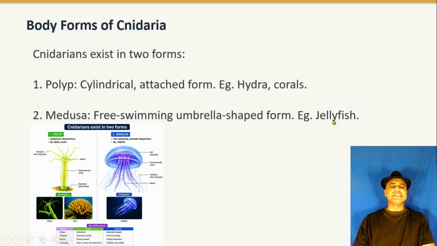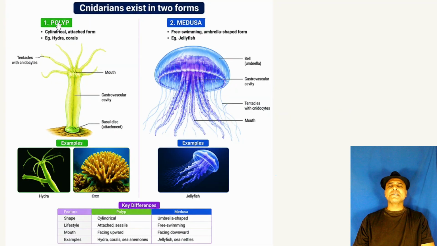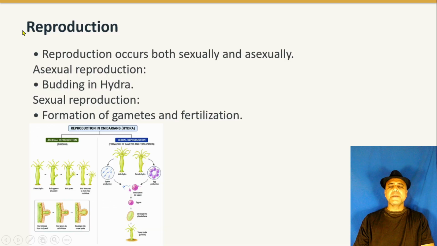Example is jellyfish. This is polyp form, cylindrical, attached form, hydra, corals. It has tentacles. Medusa, free swimming, umbrella shaped form, jellyfish. These are two types of forms in Cnidarians.